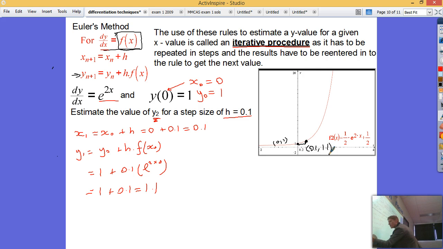Alright, let's work out y2. First let's get x2. x2 is x1 plus h, the step size. So x1 is 0.1 plus 0.1, which is 0.2. Now, what was the corresponding y value for that point? Let's work out y2.